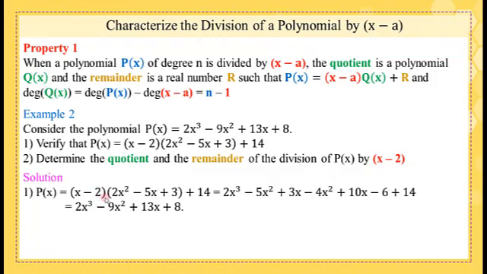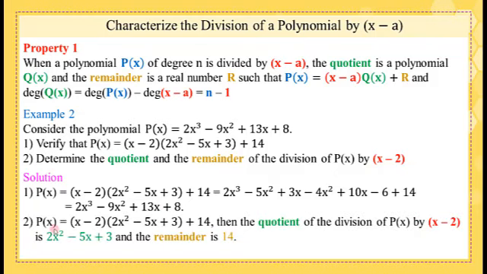Minus 2 multiplied by 2x squared is equal to minus 4x squared. Minus 2 times minus 5x is equal to plus 10x. Minus 2 times plus 3 is equal to minus 6, and we have plus 14. It is equal to 2x cubed minus 9x squared plus 13x plus 8.